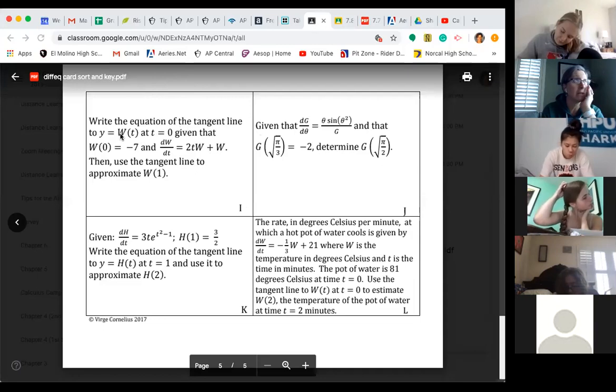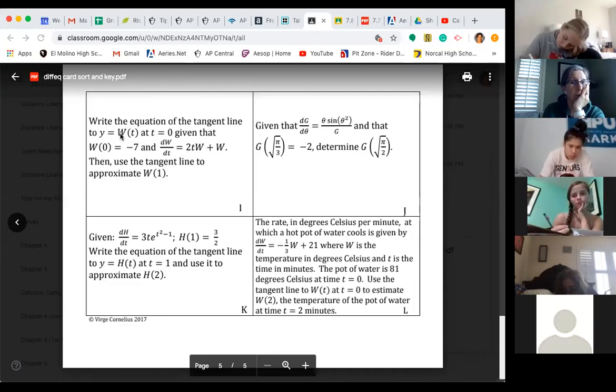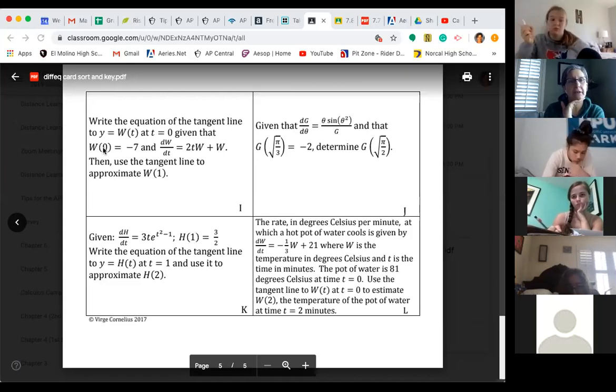So let's see, do I even need to find the antiderivative? If I want the equation of the tangent line, I'm going to need the slope at the point. So this is the point, right? There's the t value, there's the w value at the point. I don't need to find the solution to this one.